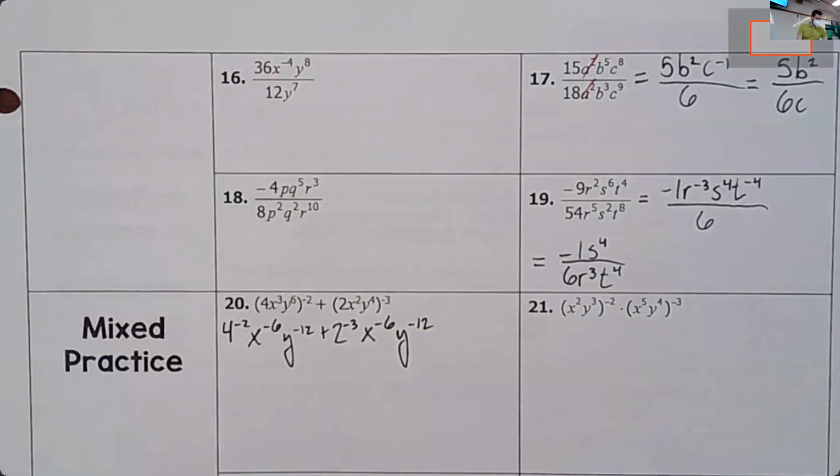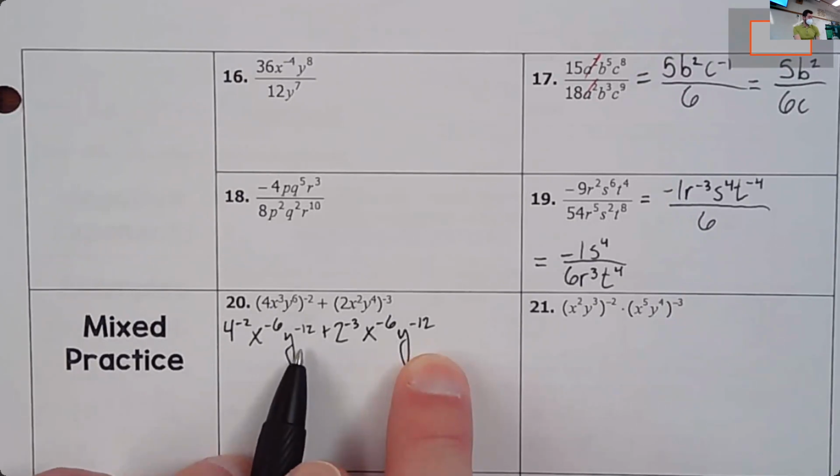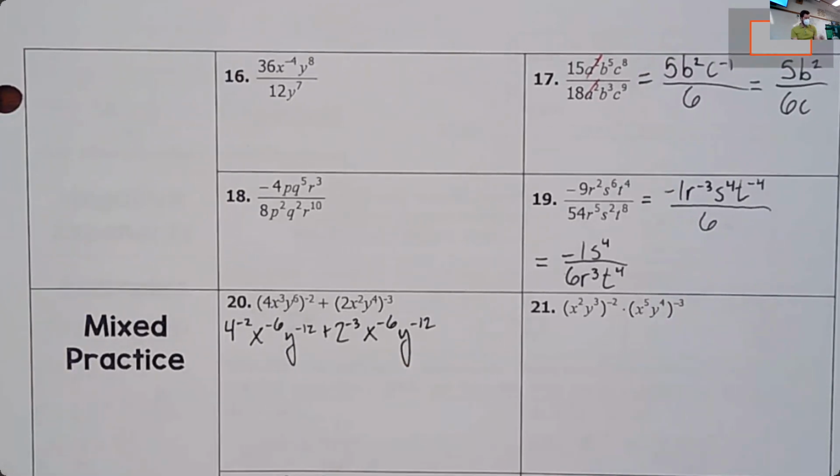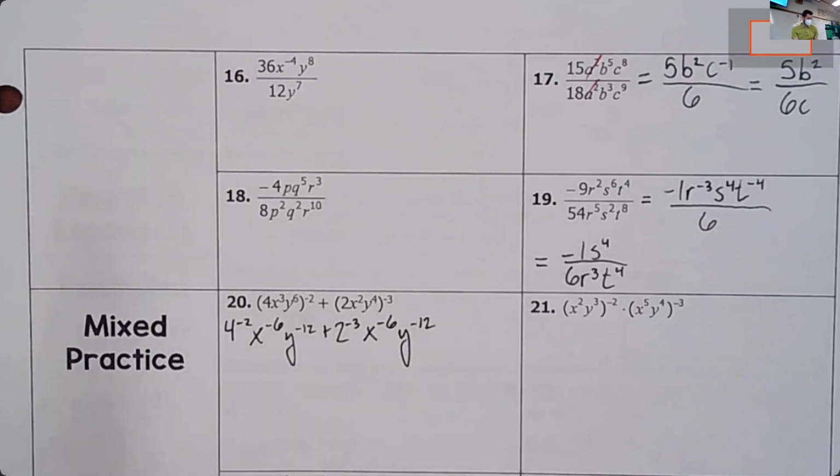All right. So I would actually suggest keeping it like this because we can see that we've got like terms, right? -6 with x, -12 with y. So these are like terms. So let's go ahead and multiply out these. Well, let's see.